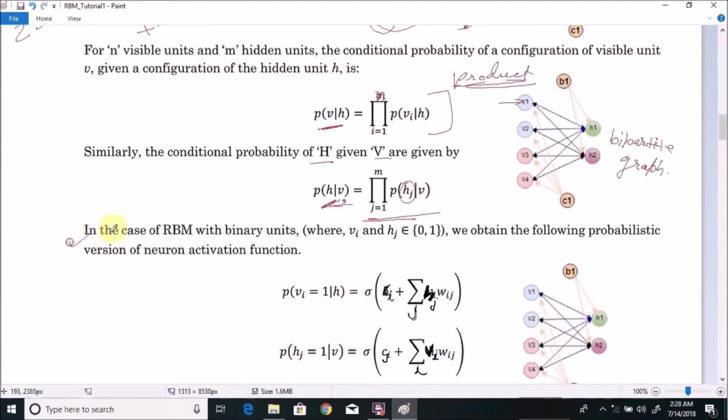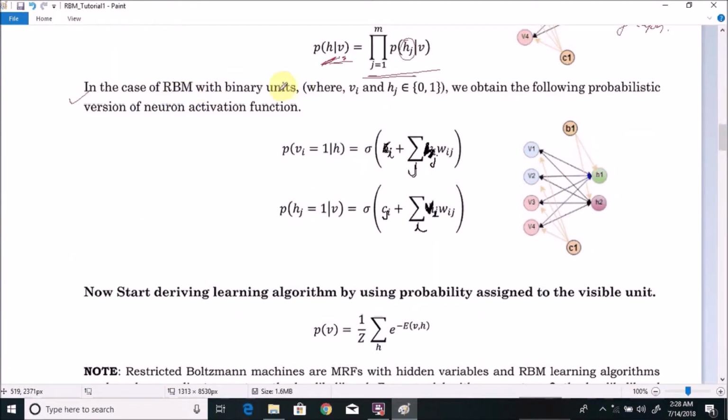Now the next part is the case of an RBM with binary units, where visible and hidden unit values are either 0 or 1. We have the following probabilistic distributions.